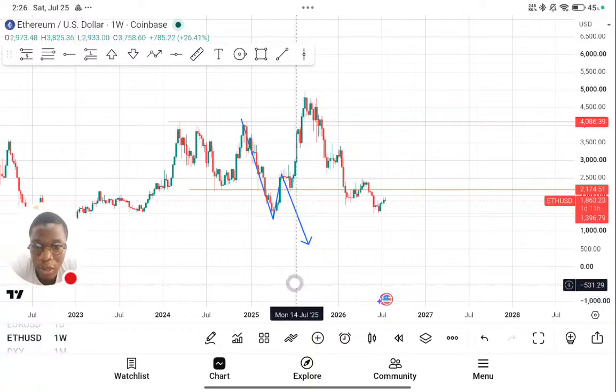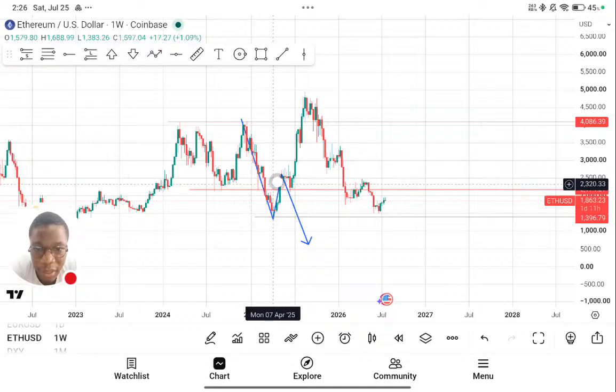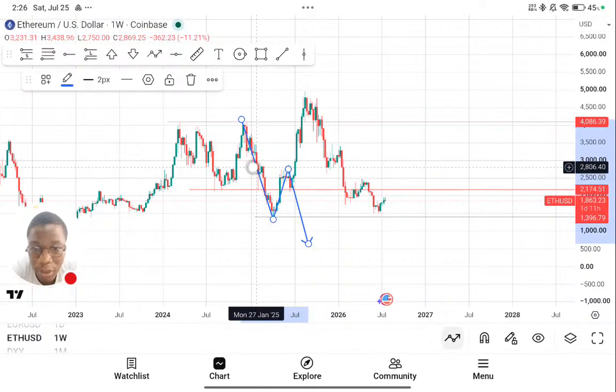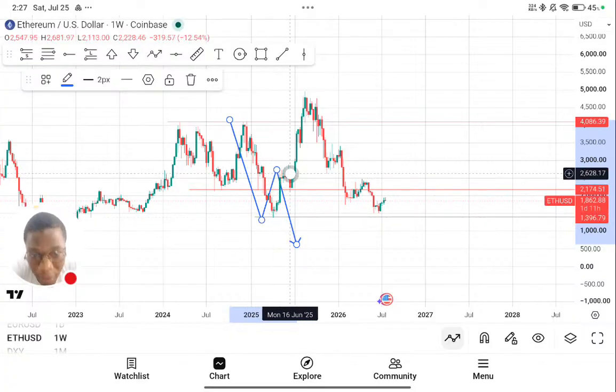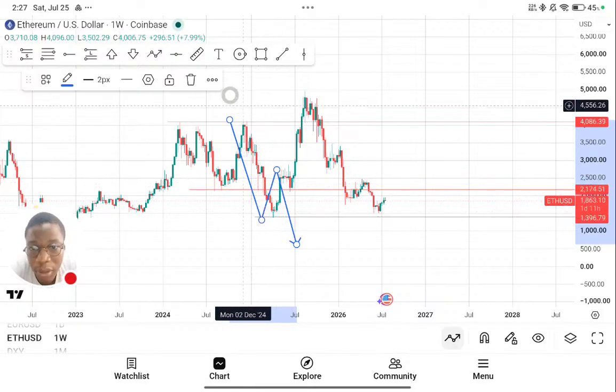But then look at what happened. Market started respecting this previous high, and in between you could see lower low, lower high, lower low, lower high, lower low, lower high. We would have been expecting lower low, but then something happened.